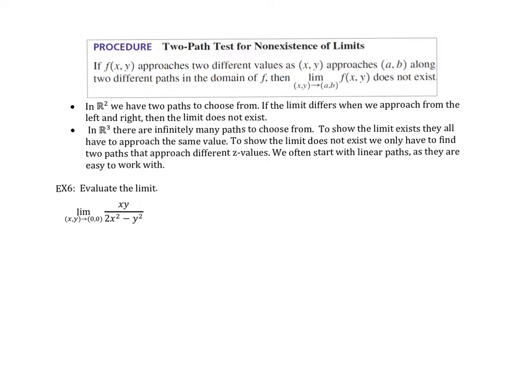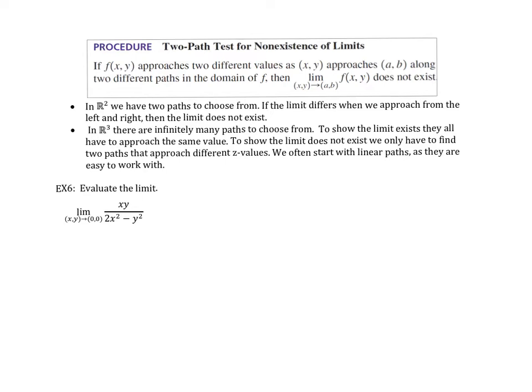Typically, what we do with single variable calculus is we break up our limit and we come in from the left and the right, because those are the only two possible paths. And if coming in from the left and coming in from the right, you get the same value, that's the limit. If you get different values, the limit does not exist.